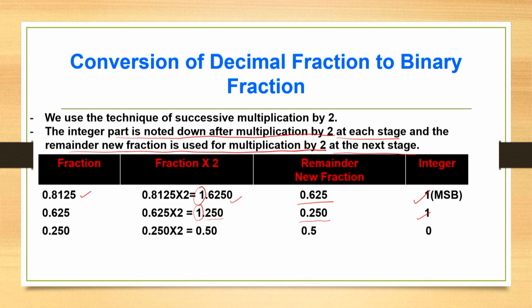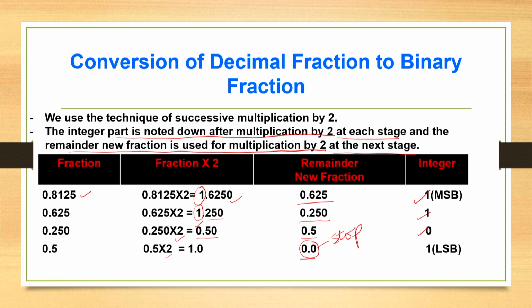This 0.250 is again multiplied by 2, we obtain 0.50. Here the 0 is stored as an integer and we take 0.5 as the remainder new fraction. Then 0.5 is again multiplied by 2. So, here we get 0.0. Now, 0.0 means here you have to stop.